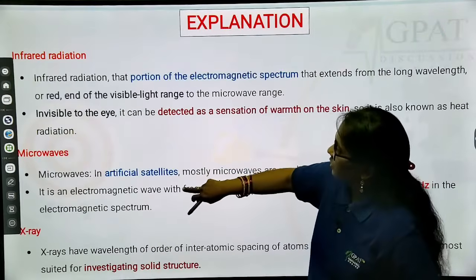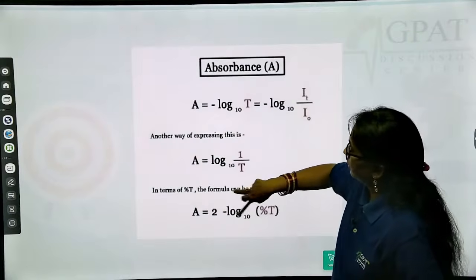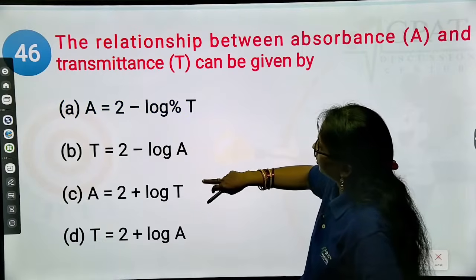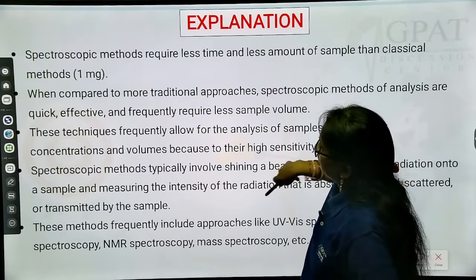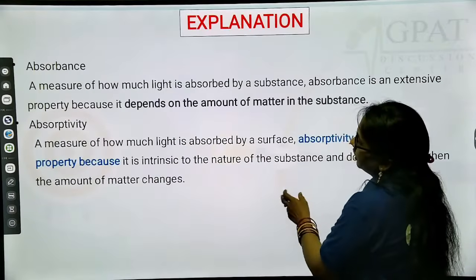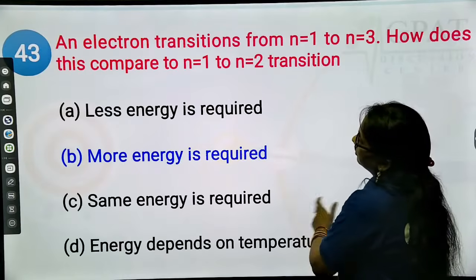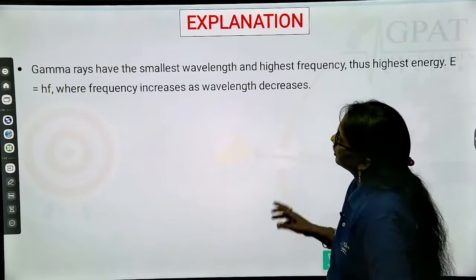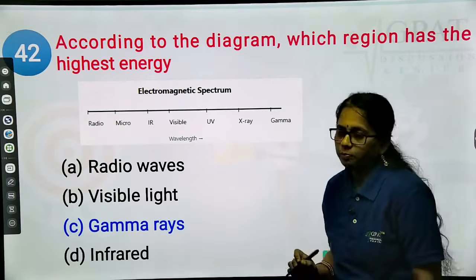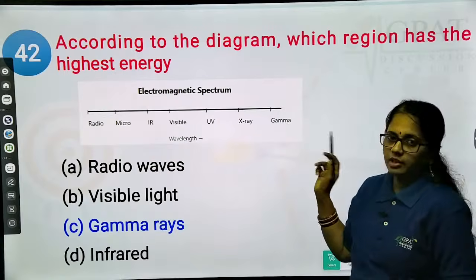Previously we also saw, depending on the energy of the rays, this question. The electromagnetic spectrum: radio waves, microwaves, IR, visible, UV, X-rays and gamma rays.